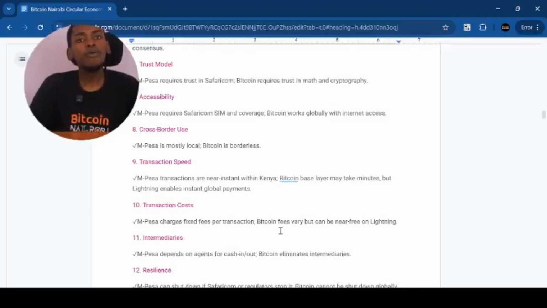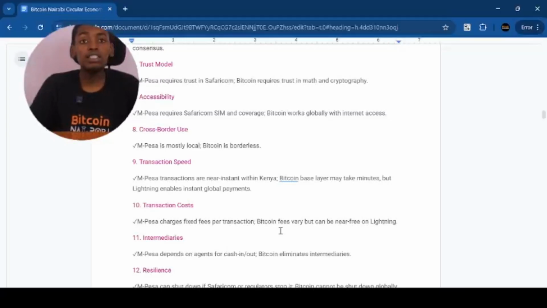So when we say M-PESA requires trust in Safaricom, we are saying that M-PESA requires trust in human beings. And human beings cannot be trusted. It's very hard to trust a human being that he will deliver what he actually promised.